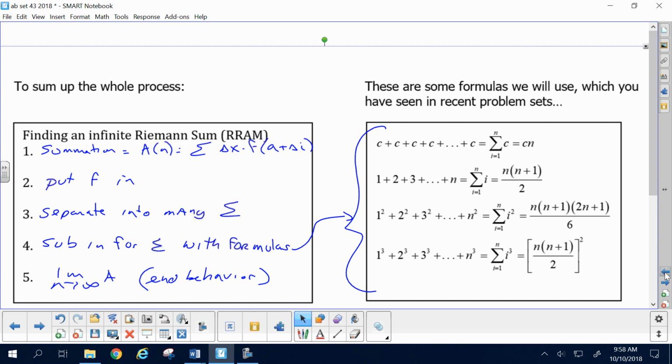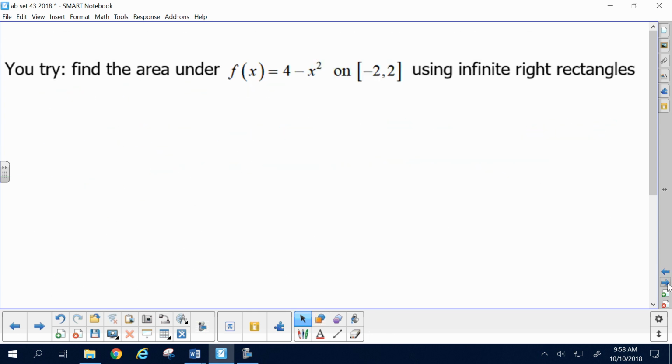I've never had to do that. Which one? Oh, estimating area by rectangles?